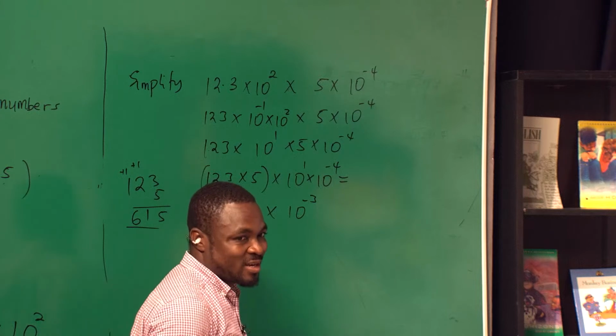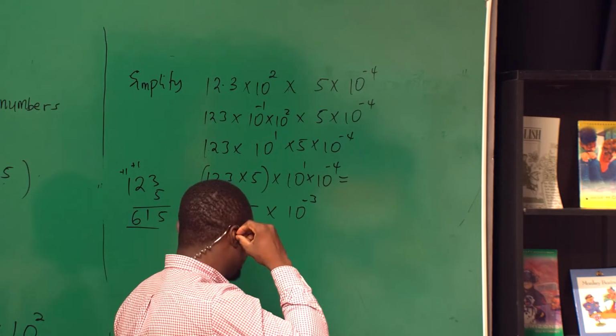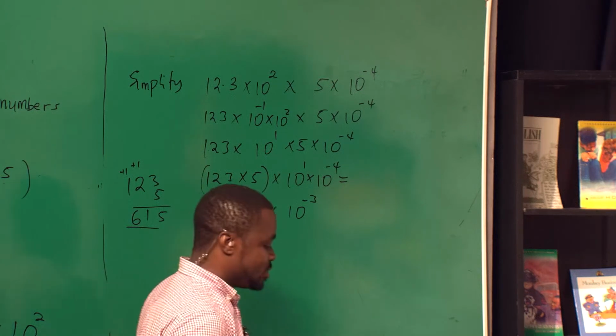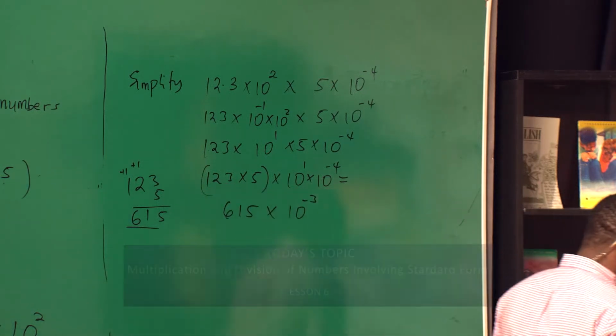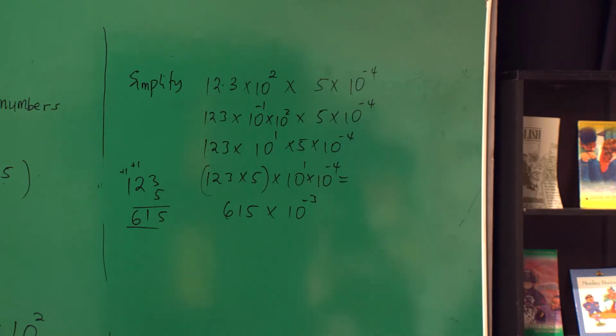Because you are having positive 1 plus negative 4. You end up with what? Negative 3. So in the end, this should be our answer. But we are looking at standard form. Is the answer written in standard form? Munira, is it written in standard form?